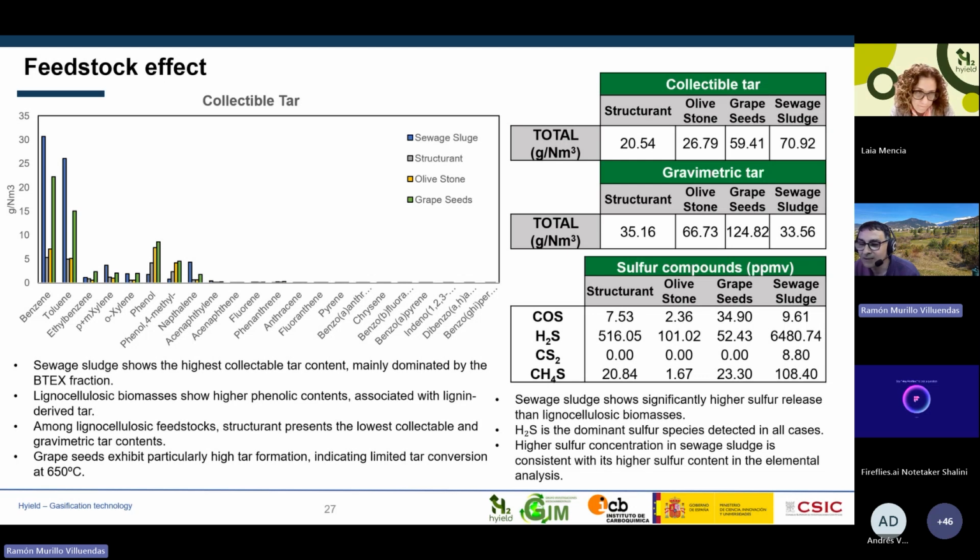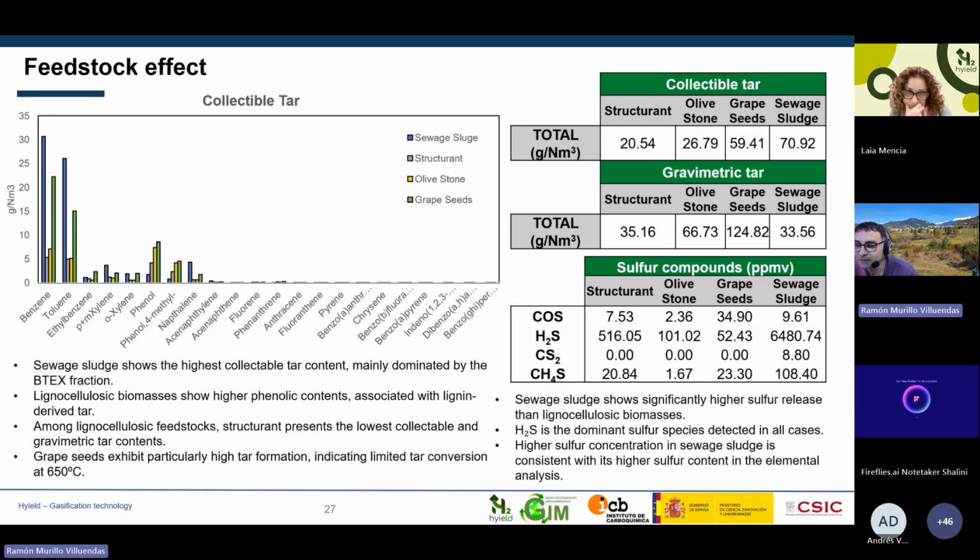In these cases, hydrogen sulfide is the dominant sulfur species detected in the system, while other sulfur-containing compounds such as COS, carbon disulfide, and methyl mercaptan are present only in minor amounts.